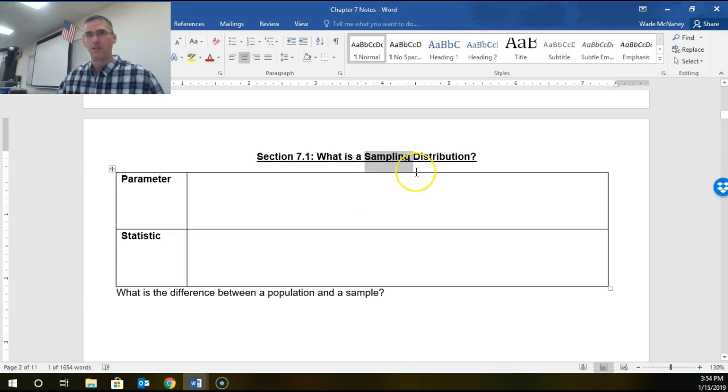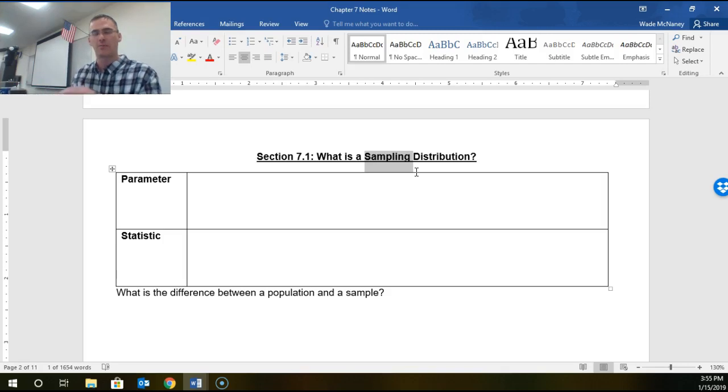A sample is a group of individuals that you're going to gather information about. And what you would do is, like if you're gathering ACT data, you would plot each individual's ACT score. That's a sample distribution. A sampling distribution is where you go to every single classroom in the school and ask everybody in the class what their ACT score is, and you average all of them and you record that data.